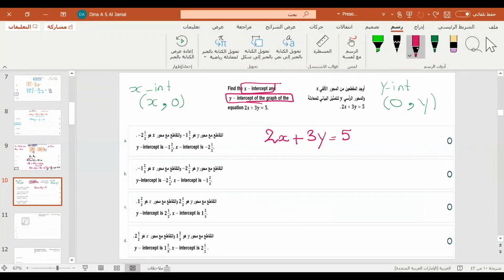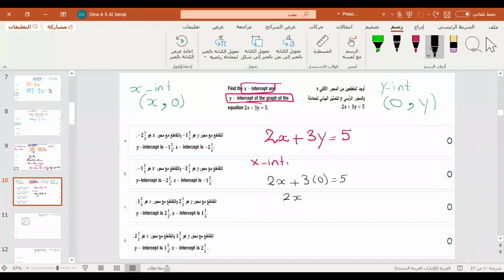Good. So first of all, the x-intercept. We can just keep the equation as it is, and imagine that you don't have the y part; you can just highlight it. So here I have 0 for y. 2x, you keep it, plus 3 times 0, equals 5.